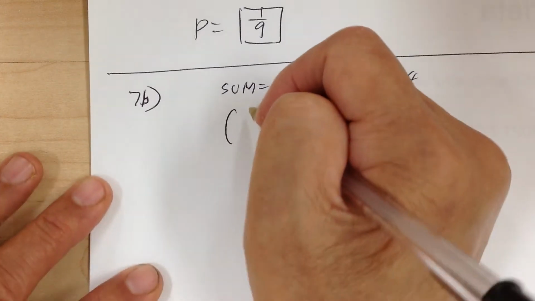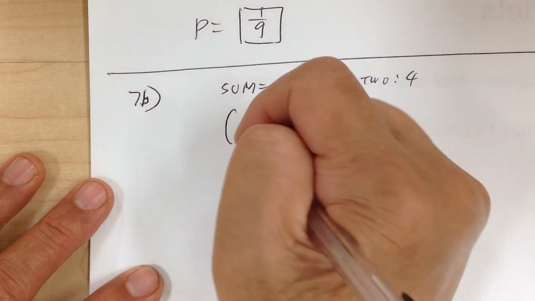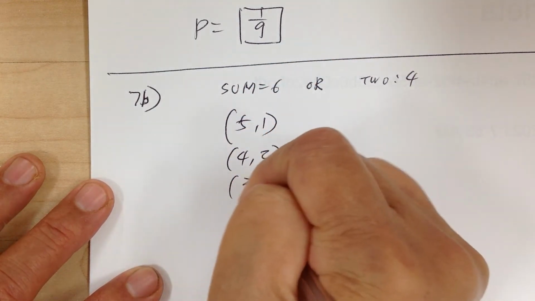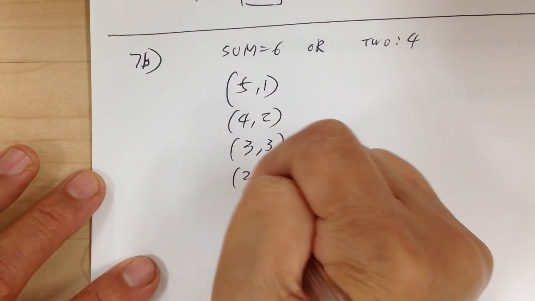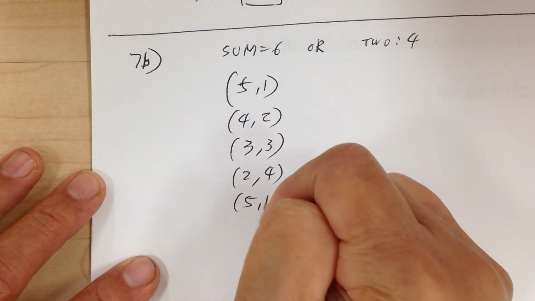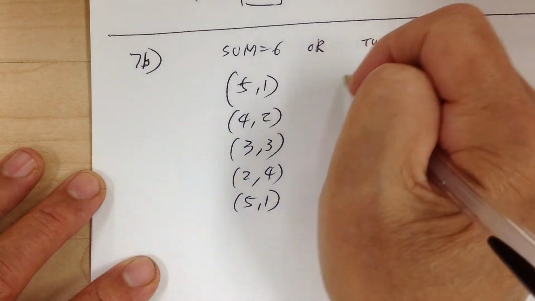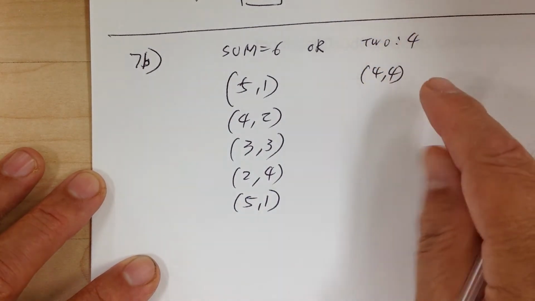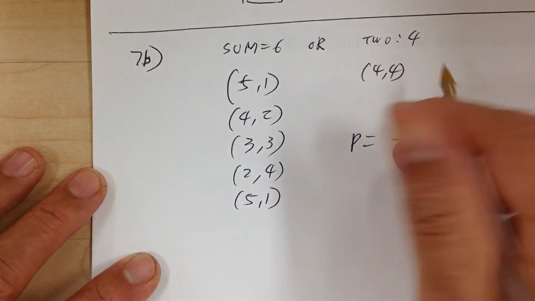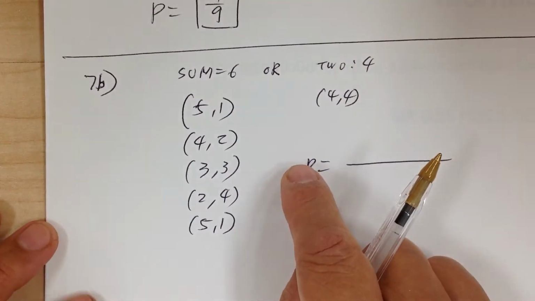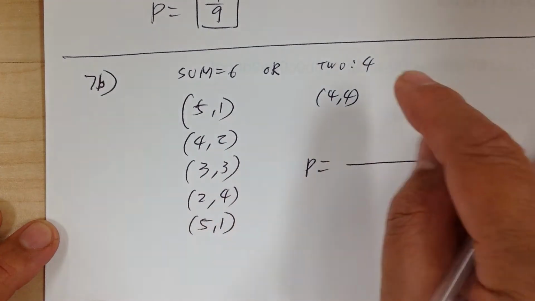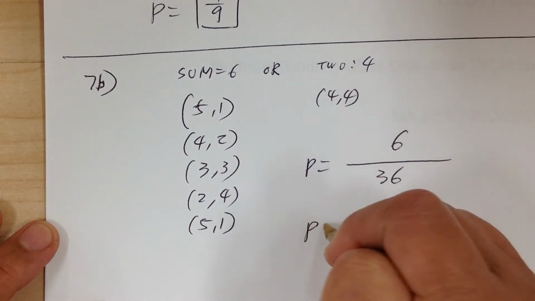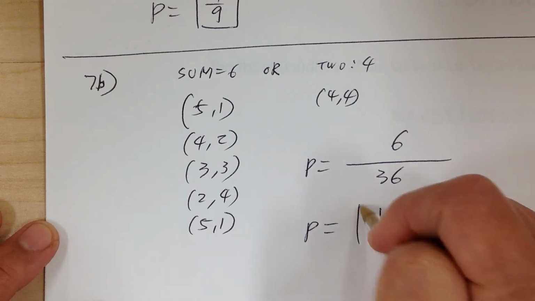So start with 5 1, 4 2, 3 3, 2 4, and 1 5. And then both 4 would be just 4 4. Okay, so the event would be 1, 2, 3, 4, 5, 6. So there are 6 of them, and sample space would be 36, so probability of that will equal 1 over 6.